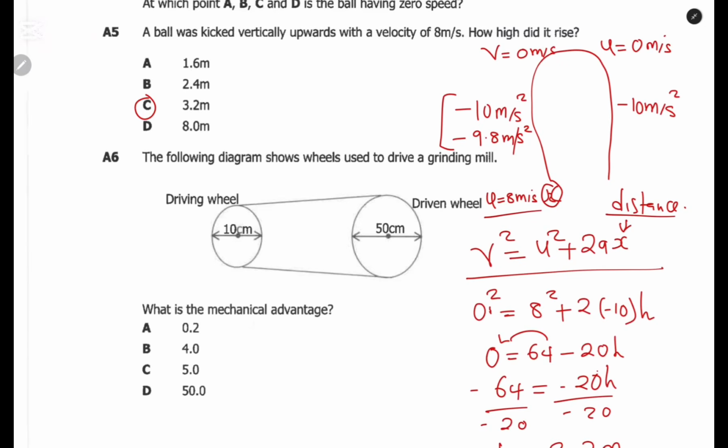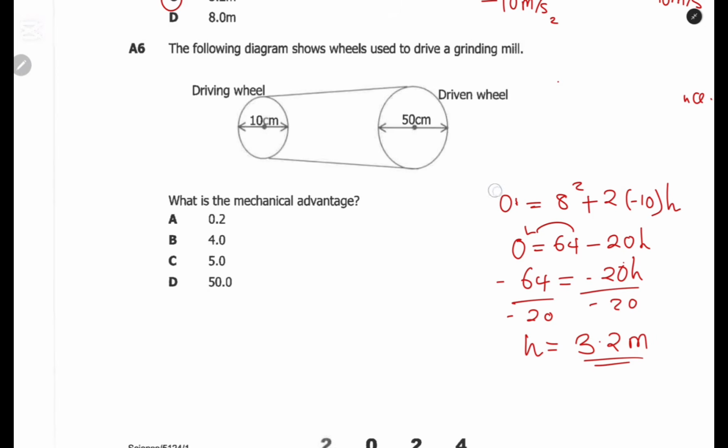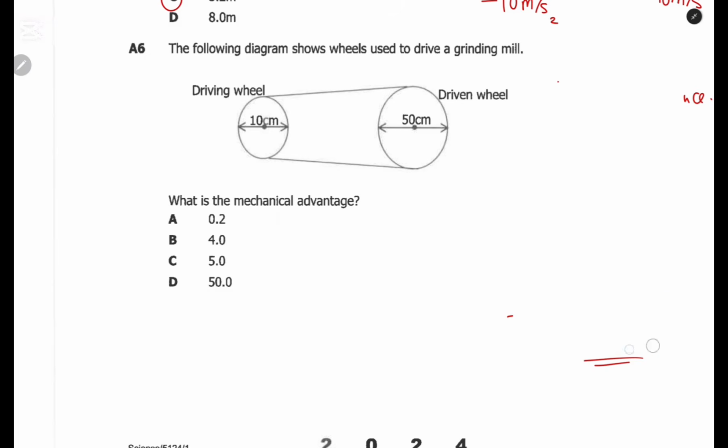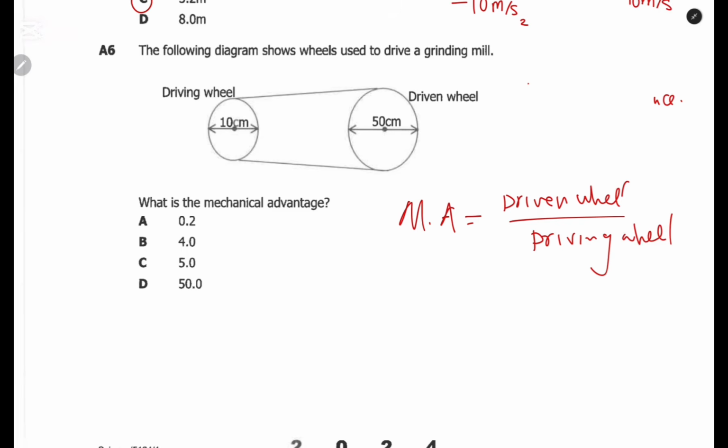All right, we continue with question 6. For question 6, it's saying the following diagram shows a wheel used to drive a grind mill. What is the mechanical advantage? So the mechanical advantage of this one is equal to driven wheel divided by driving wheel.